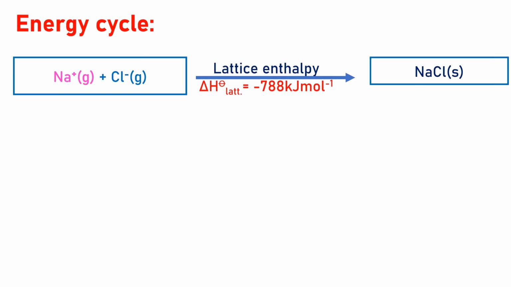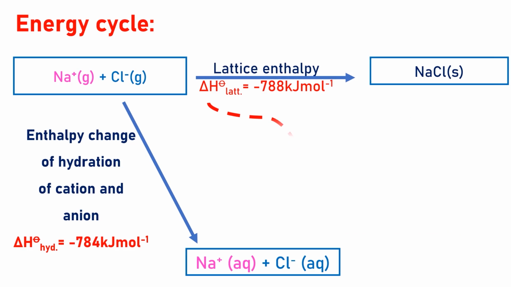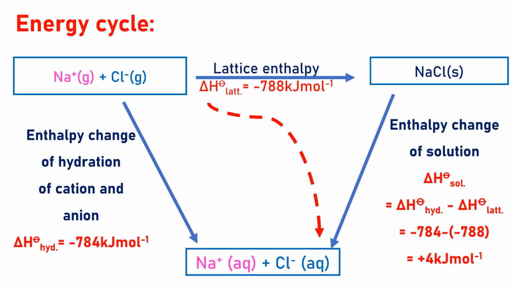Let's construct the enthalpy cycle using Hess's law. The enthalpy change of hydration for sodium chloride is equal to minus 784 kilojoules per mole, and the lattice enthalpy is equal to minus 788 kilojoules per mole. The enthalpy change of solution is equal to the enthalpy change of hydration minus the lattice enthalpy of the crystal lattice.